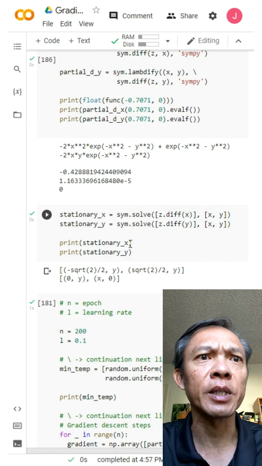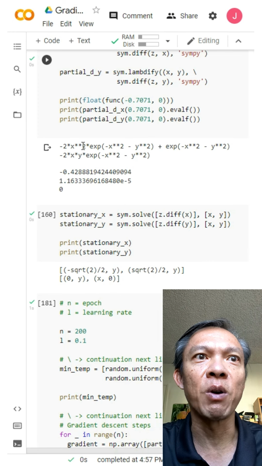So you can see when I print it out, the point is that when x is equal to square root of 2 over 2, either plus or minus, then this one is going to be the opposite of this expression, so this will be 0. And then for the partial derivative of y, either x equals 0 or y equals 0 would give you the 0 slope right there, okay?